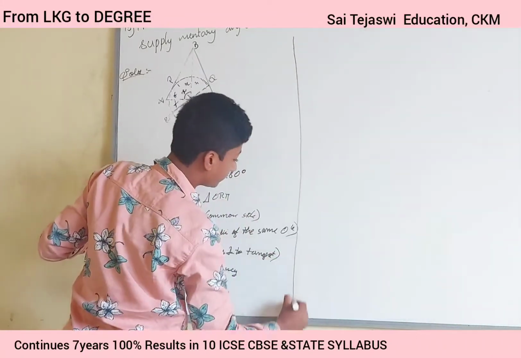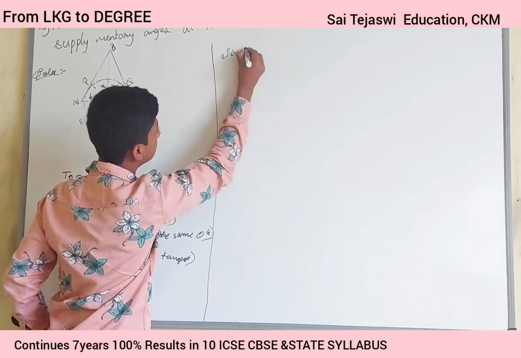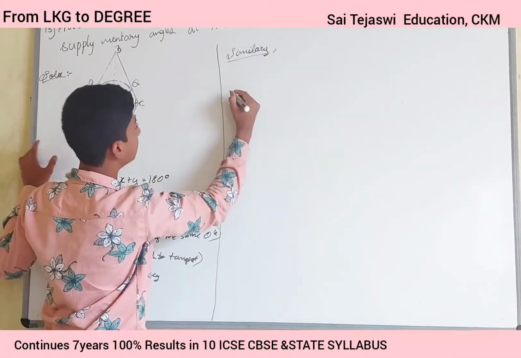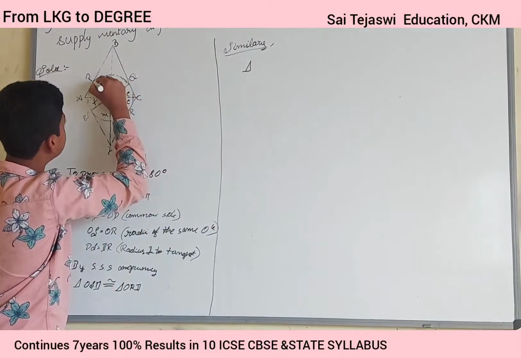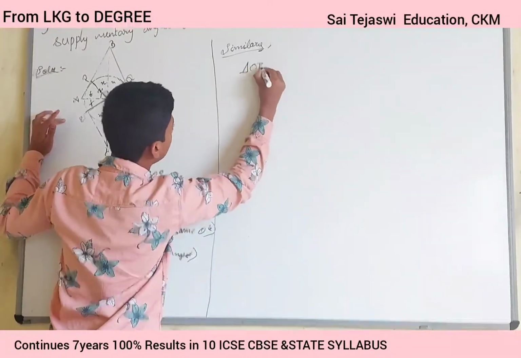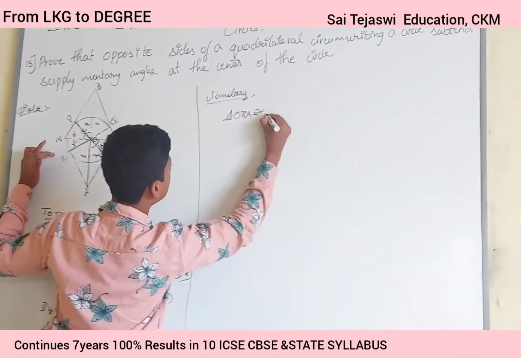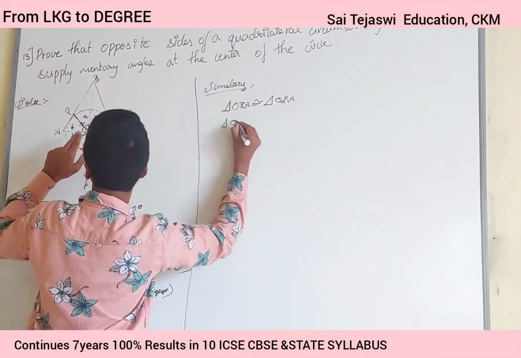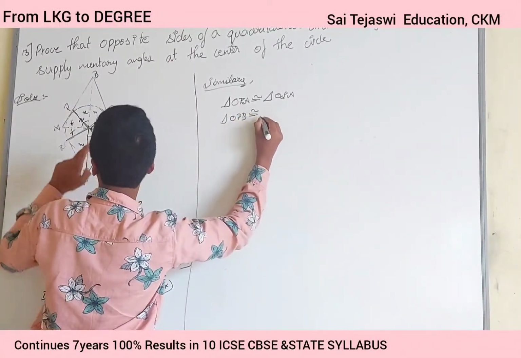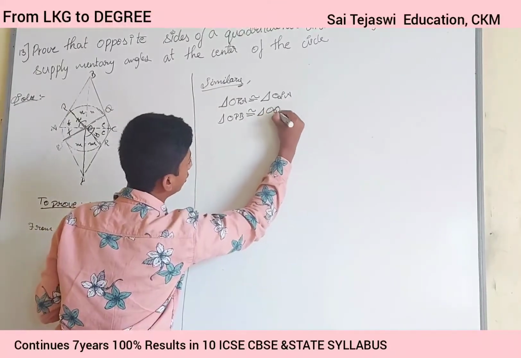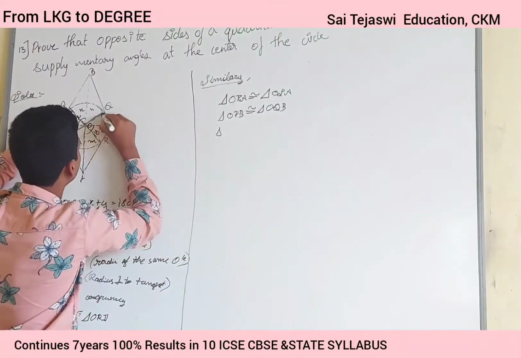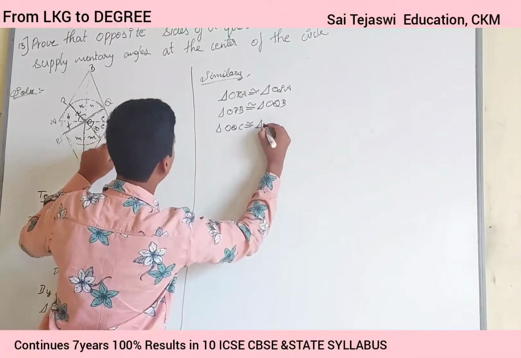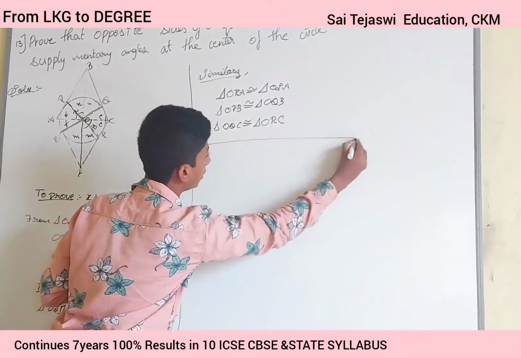So similarly we can prove that all these triangles are congruent: triangle OPA is congruent to triangle OSA, triangle OPB is congruent to triangle OQB, and triangle OQC is congruent to triangle ORC. We have proved these are all congruent triangles.